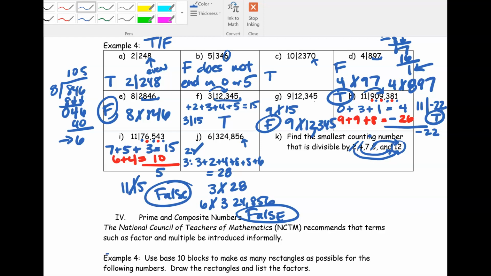So I don't even have to worry about that so much. So really what I need to worry about is I need to look at the 7 and then the 12 and ask myself, what are some multiples of 7 and what are some multiples of 12?